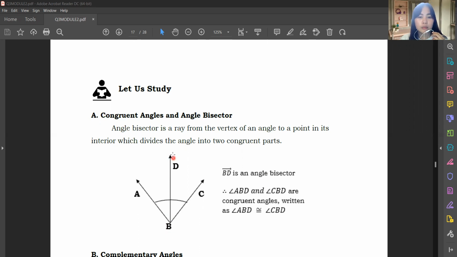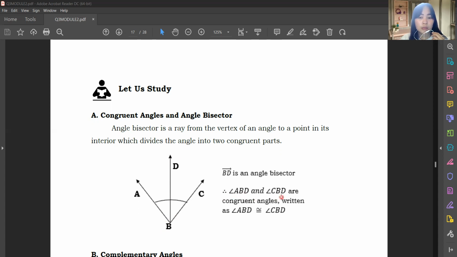Now, since ray BD bisected it, two angles are formed. These are angle ABD and angle CBD. As you can see, B is in the middle of angle ABD. Why? Because it is our vertex.